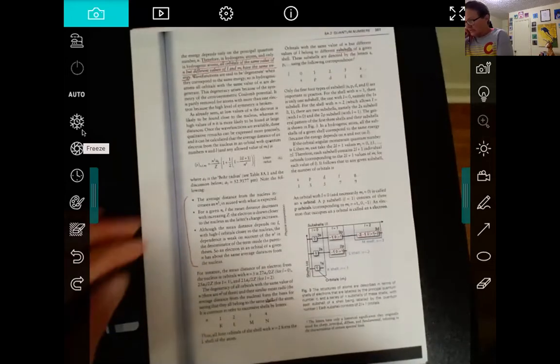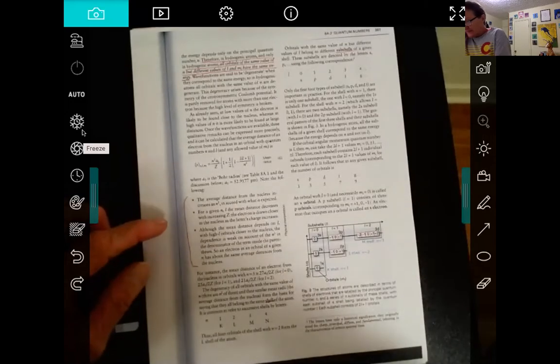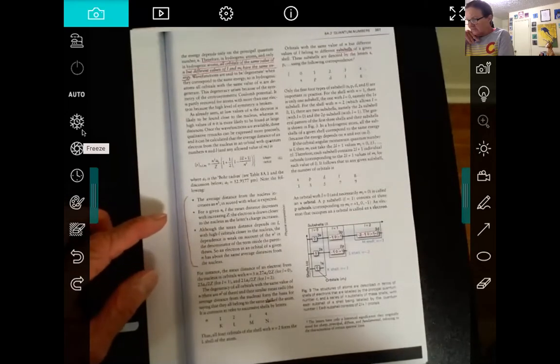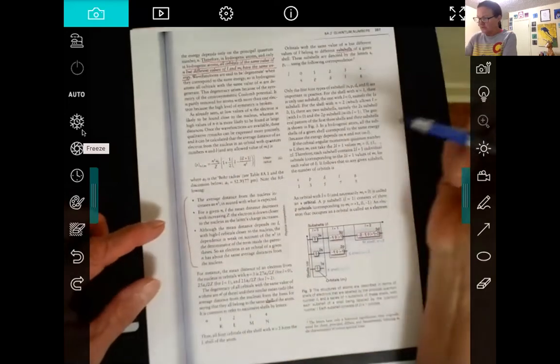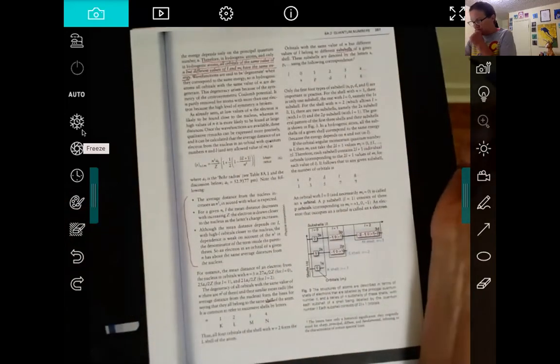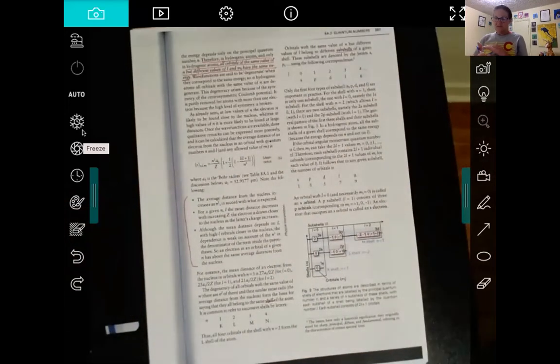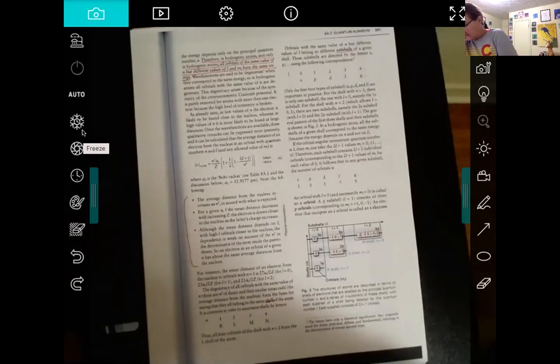Some important things to think about: the average distance from the nucleus increases as n squared, in accordance with what's expected. As the quantum number gets bigger, the electron is further from the nucleus. For a given n, L, the mean distance decreases with increasing Z. The electron is drawn closer to the nucleus as the latter's charge increases.